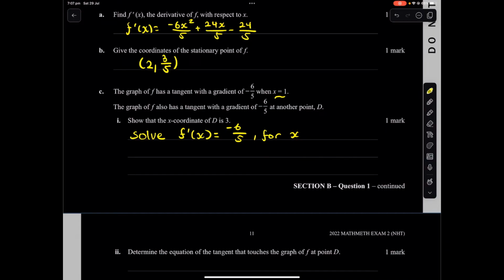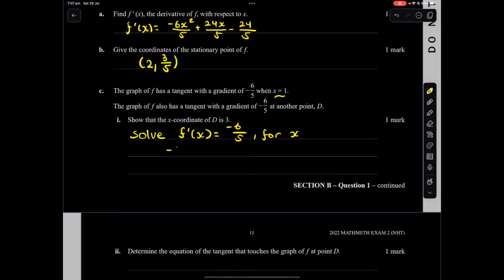So we can rewrite f dash as negative 6 (x minus 3)(x minus 1) all over 5, and that's equal to 0. Therefore, your answer is 3 and 1. So to show that the x coordinate of D is equal to 3, therefore x is equal to 3.